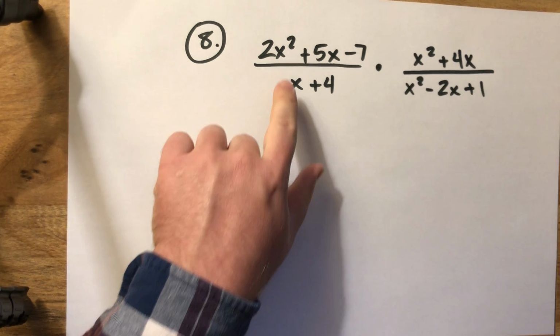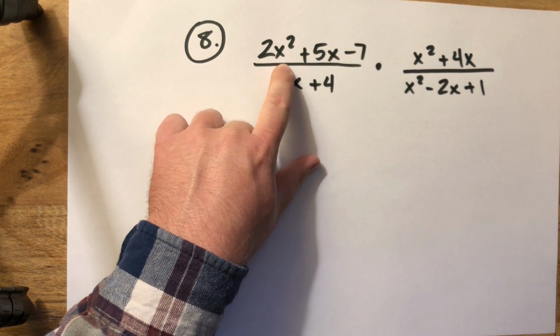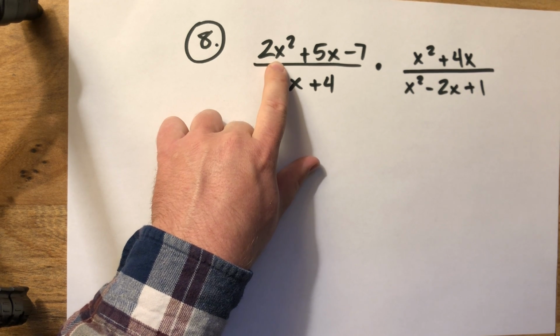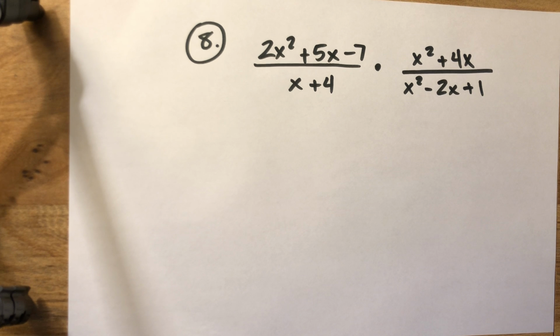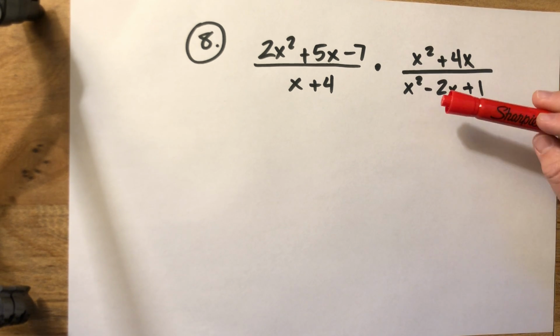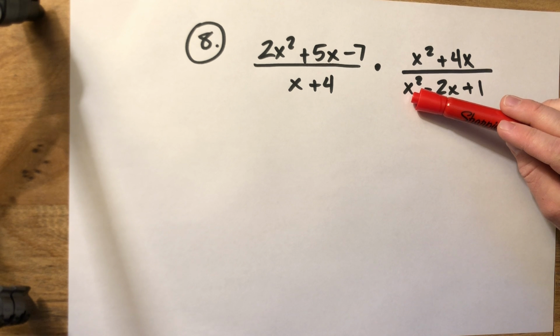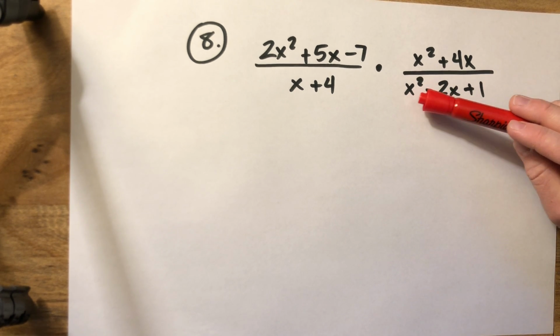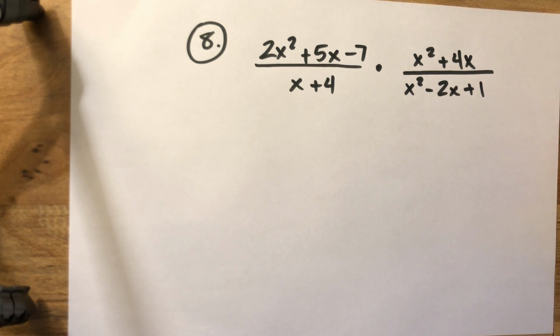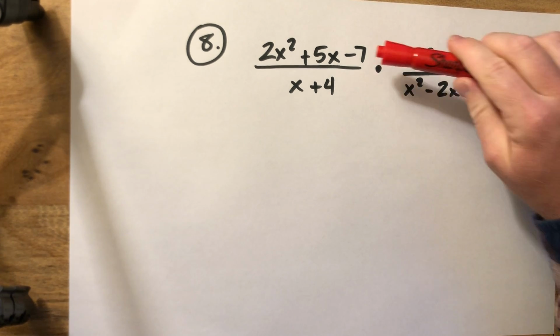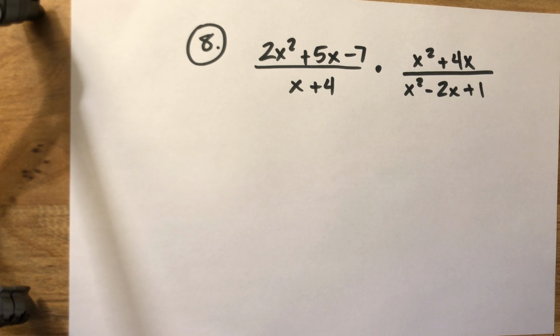In fact, let's look at this top left expression here, this trinomial. We have 2x squared plus 5x minus 7. I just wanted to do a real quick review of the California method. When we had to factor just an x squared, a being 1, that was pretty simple. We could do that in our head. But this is a little bit more difficult, so let's review the California method real quick.